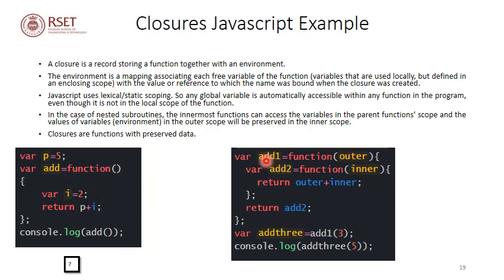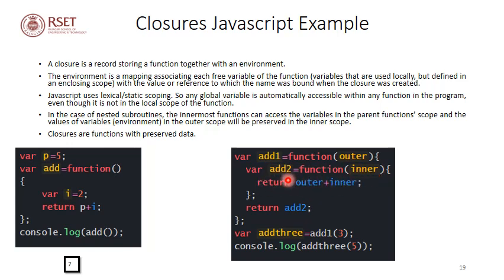Now we will see another more complicated example wherein we have a nested subroutine. Here you can see that we have an outer enclosing procedure called add1, which takes a single parameter called outer as input. Within add1 we have an innermost subroutine called add2, which takes a parameter inner, and add2 returns outer plus inner.